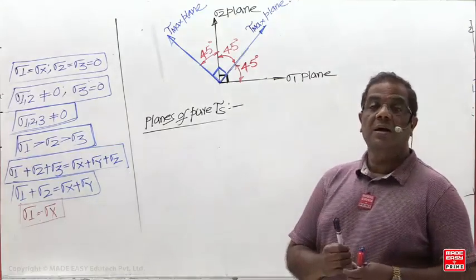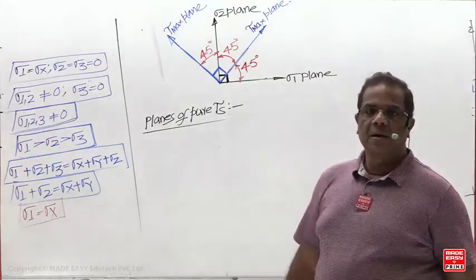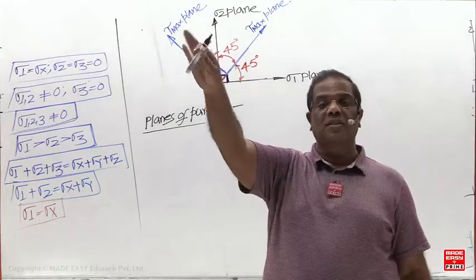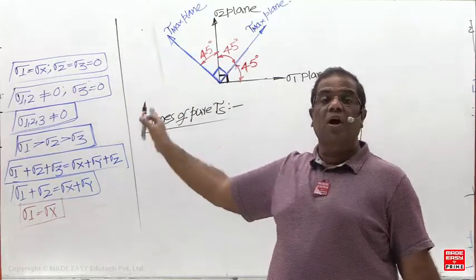These are the non-complementary planes. But principal plane and tau max planes are always complementary, while these planes are non-complementary.